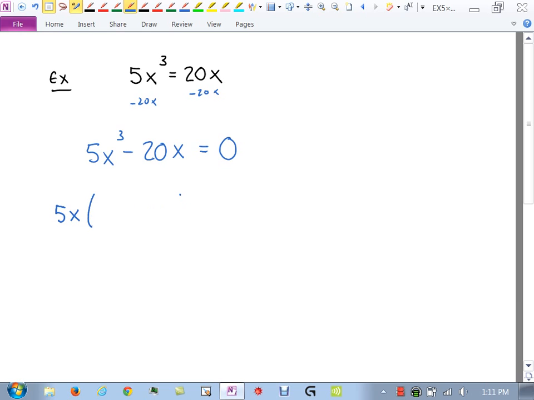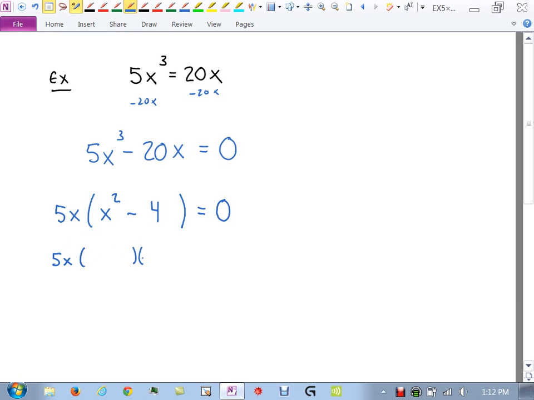What will be left? x squared minus 4 equals 0. All right, do I now have something times something? Yes, but this is a difference of squares, isn't it? x squared minus 4 is a difference of squares. Those are the types of things you want to start seeing, right? Oh, x squared minus 4, difference of squares, yay.